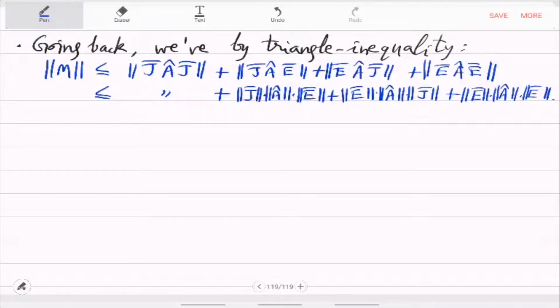So first the main term, and then the error terms I have written as a sum of products.